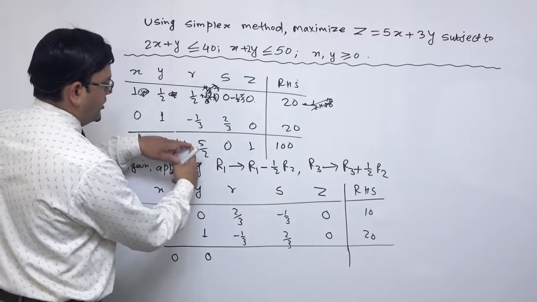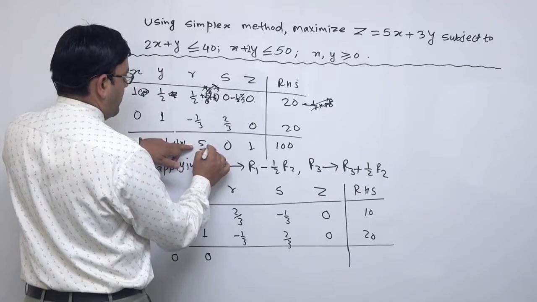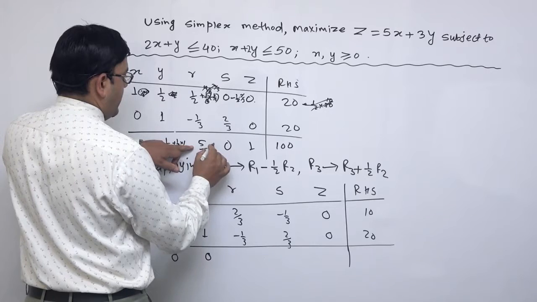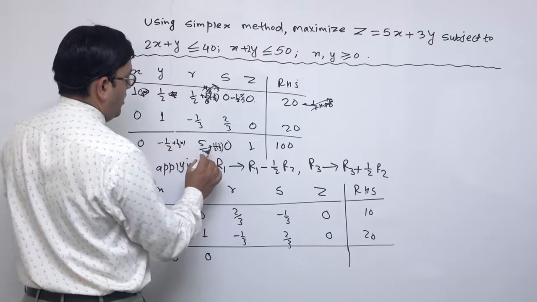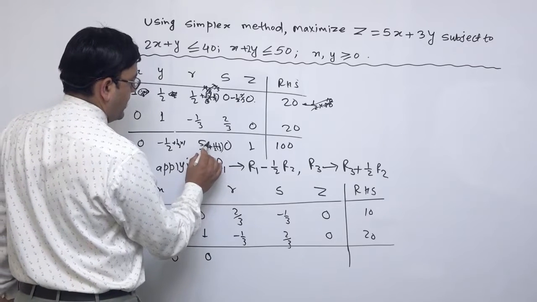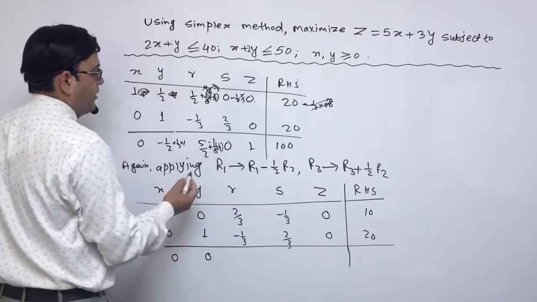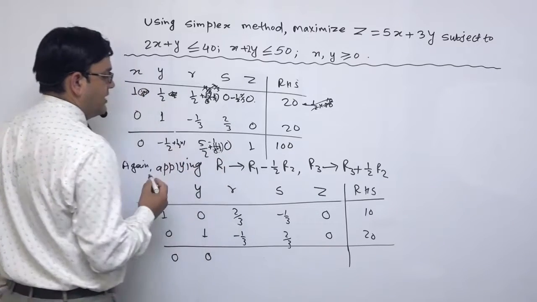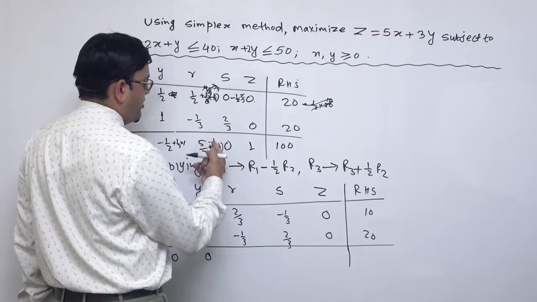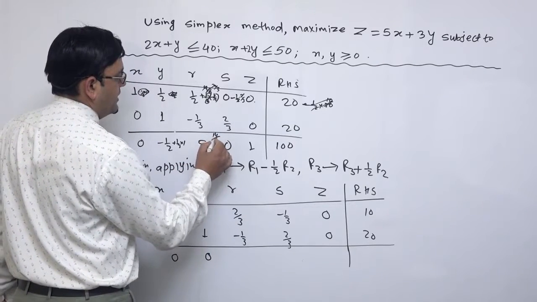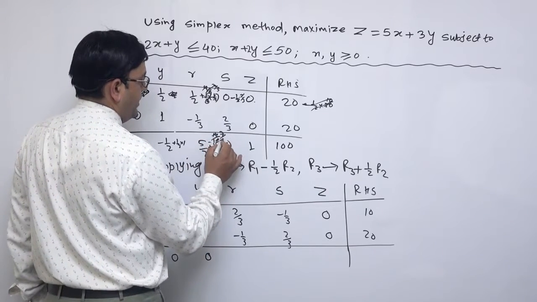Now we look at this: R3 changes into R3 plus 1 by 2 R2, which means minus 1 by 3. Now 5 plus minus, 5 minus 1 by 6. We have to take the LCM: the LCM of 2 and 6 is 6, so 5 times 3 is 15, minus 1 is 14 by 6. Cancelling, 14 by 6 becomes 7 by 3.